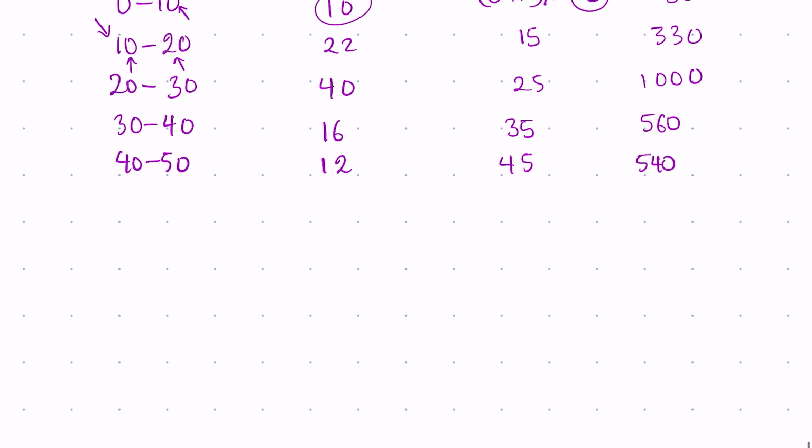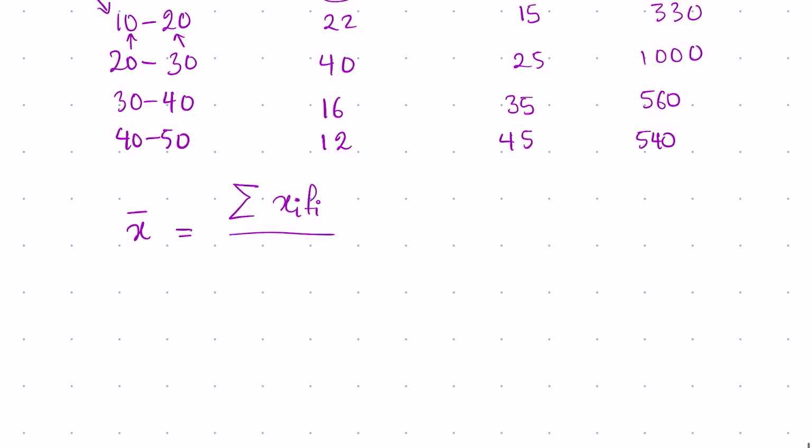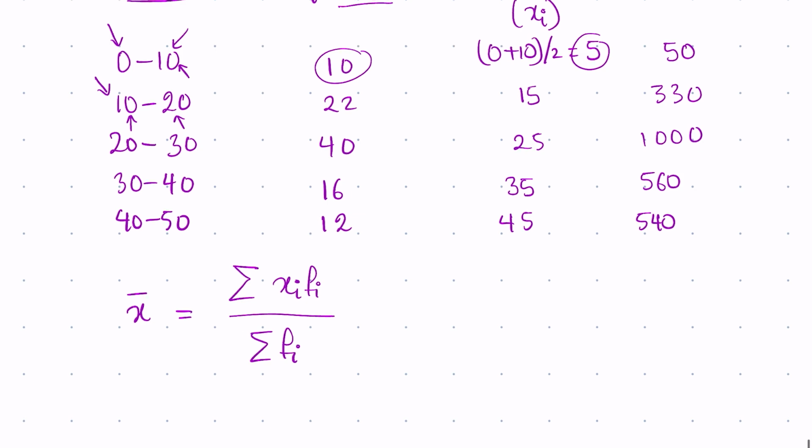So what is the mean? Mean is represented by x bar often. That is nothing but sigma xi fi divided by sigma fi. Don't get scared of this notation. Sigma xi fi just means sum all of these values.